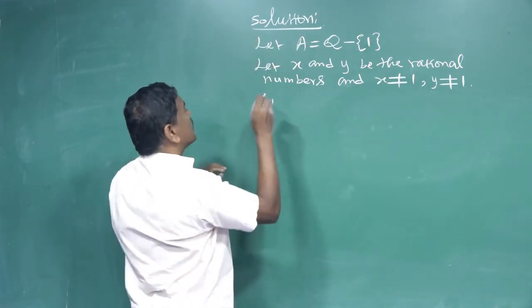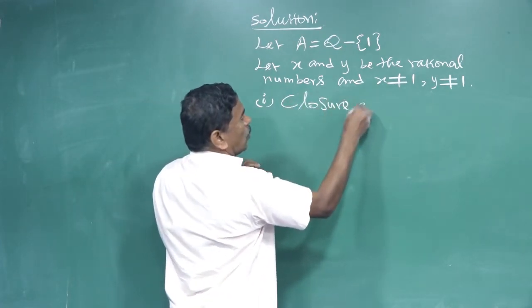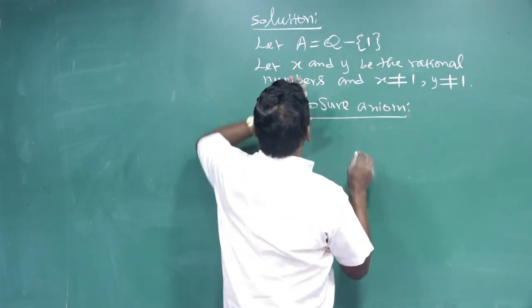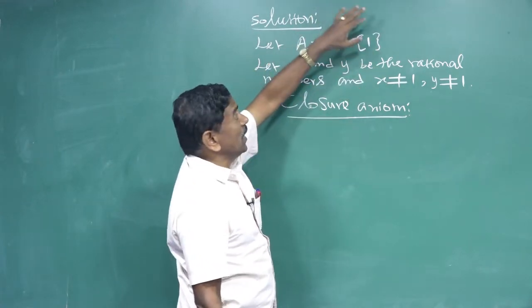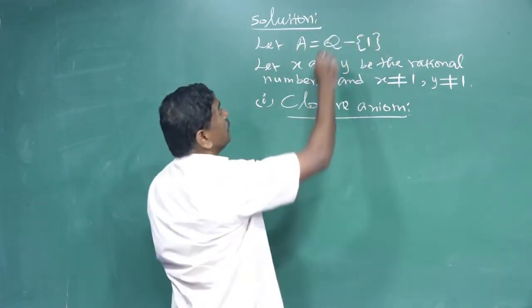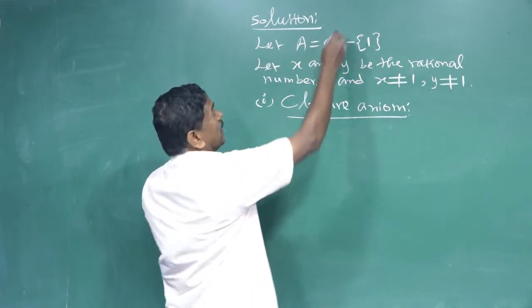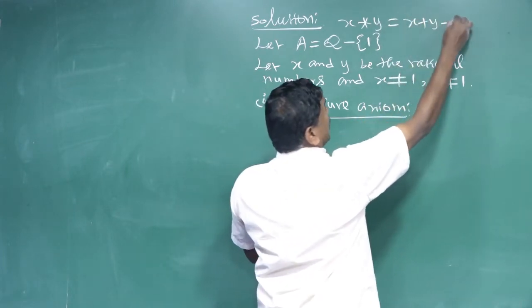Now, subdivision 1 is the closure axiom. To prove the closure axiom, it is a conditional question, so initially we write the condition for our convenience. What is the condition given in the question paper? x star y is equal to x plus y minus xy.